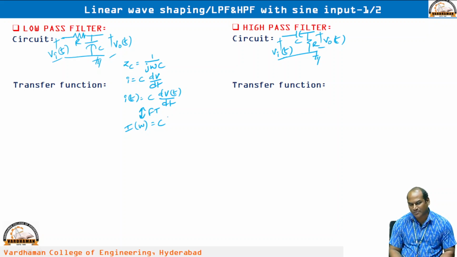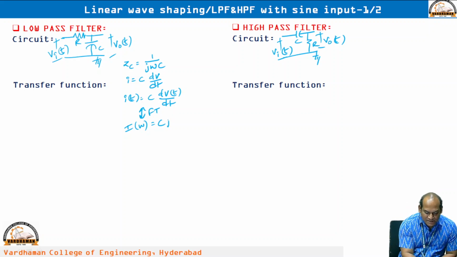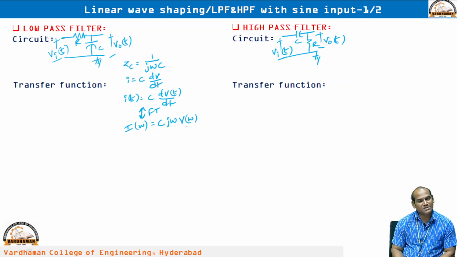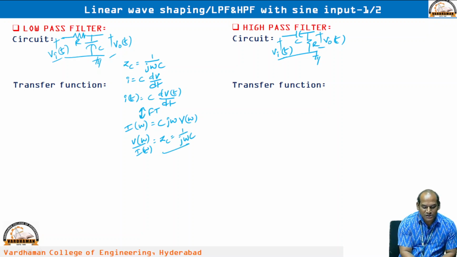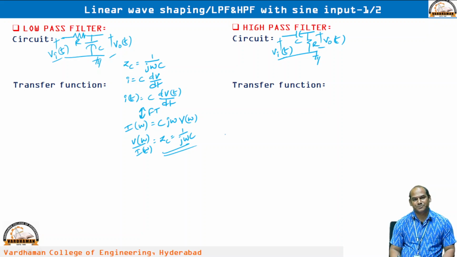We know the property about the Fourier transform. So, d by dt means j omega we have to take, and V of t Fourier transform is V of omega. I need impedance, that means voltage by current. So, if you write the equation for V of omega by I of omega, and if you consider that as Zc, you will have 1 by j omega c. So, in this manner we got Zc.